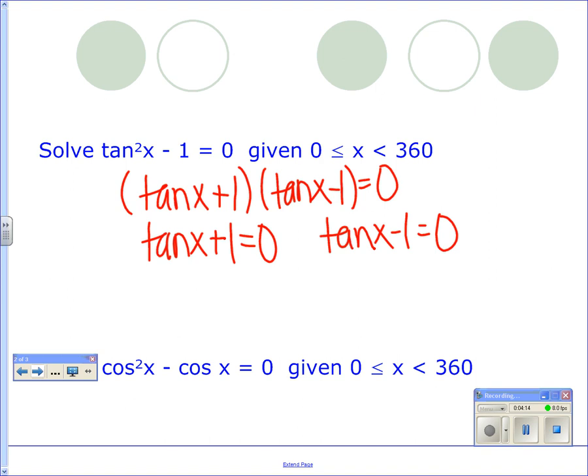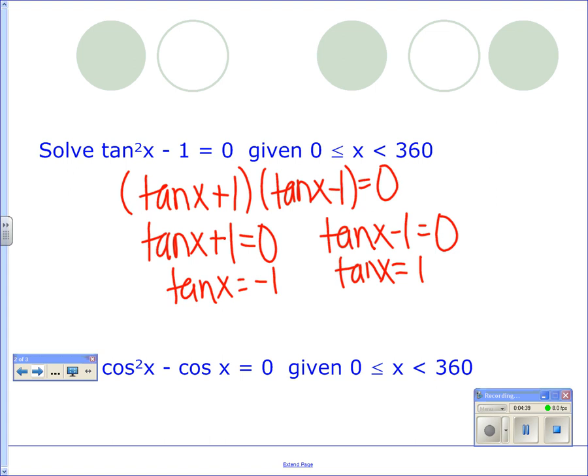So what is tangent of x equal? -1, or tangent of x equals 1. They won't always be where they're the same number, just different signs. Sometimes, but not always. So when does tangent equal 1? What angle? 45 degrees.